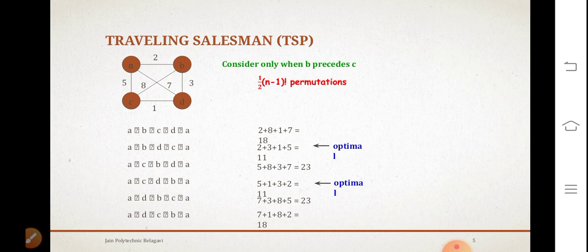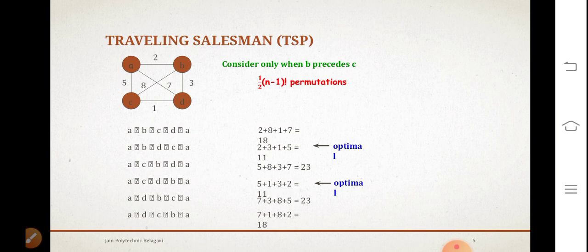Considering only the cases where B precedes C, we get 1 by 2 times (n minus 1) factorial permutations. The very first path gives us 18 as the cost for traveling all the cities exactly once: A to B is 2, then B to C is 8, then C to D is 1, then D to A is 7, so the total cost is 18.